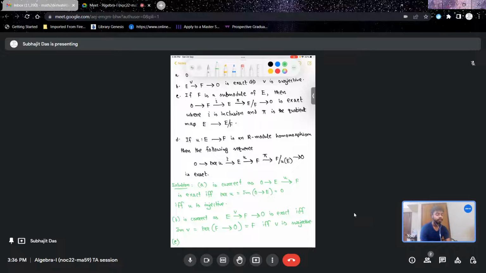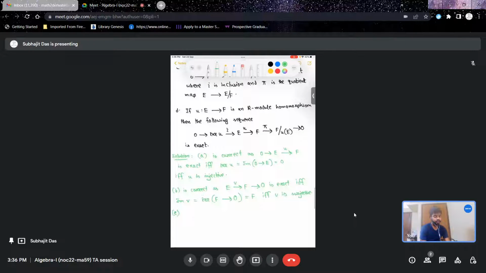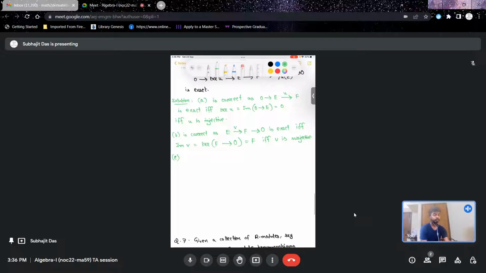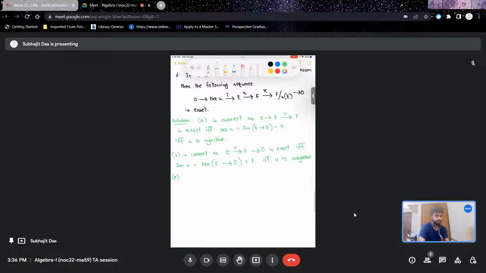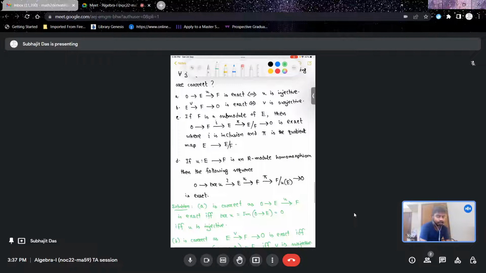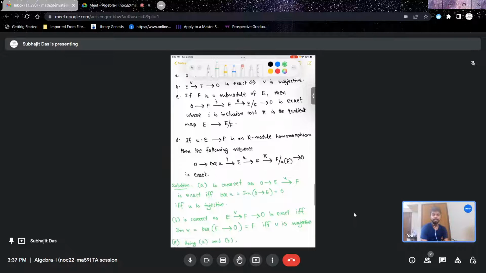So we are given I, the inclusion of F into E, and pi, the quotient map of E into E mod F. Using A and B, we know that clearly the inclusion is an injective map and pi happens to be a surjective map, the canonical surjection of the quotient map.